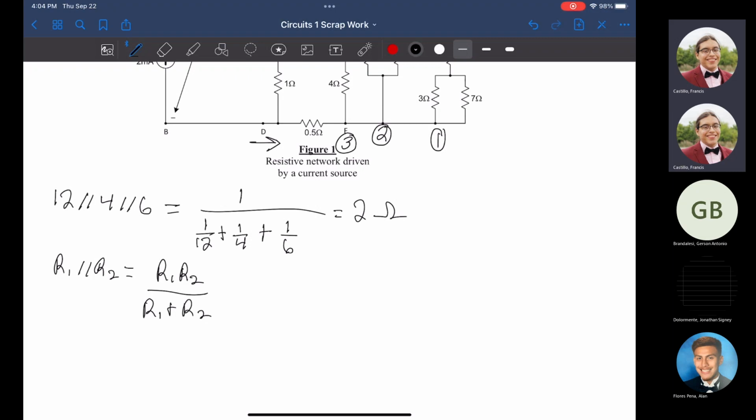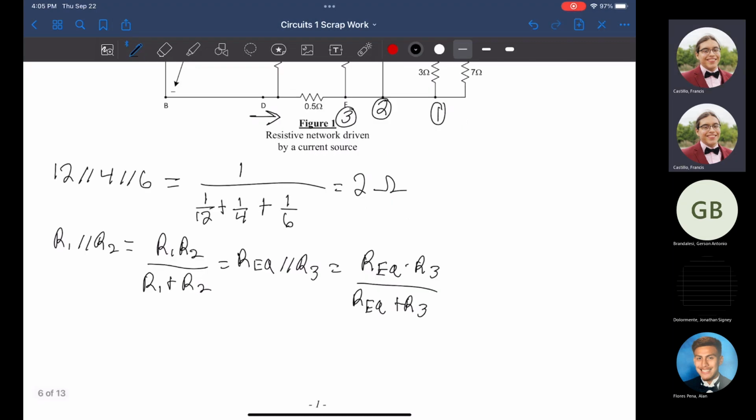This will get you some equivalent value, and then that one will also be in parallel with the final resistor. In our case, since we have 3, that would make you do the equation one more time. It would still get you the same number though. It just really depends which formula you feel like using.